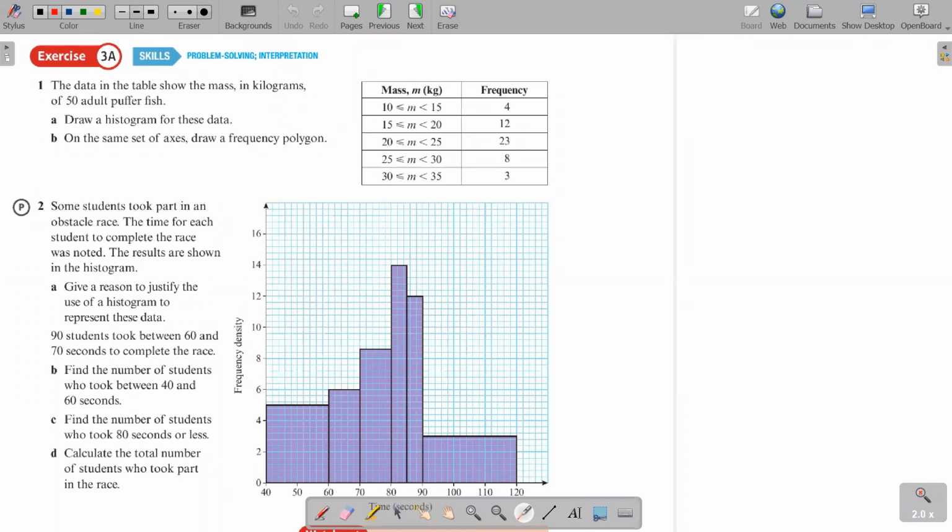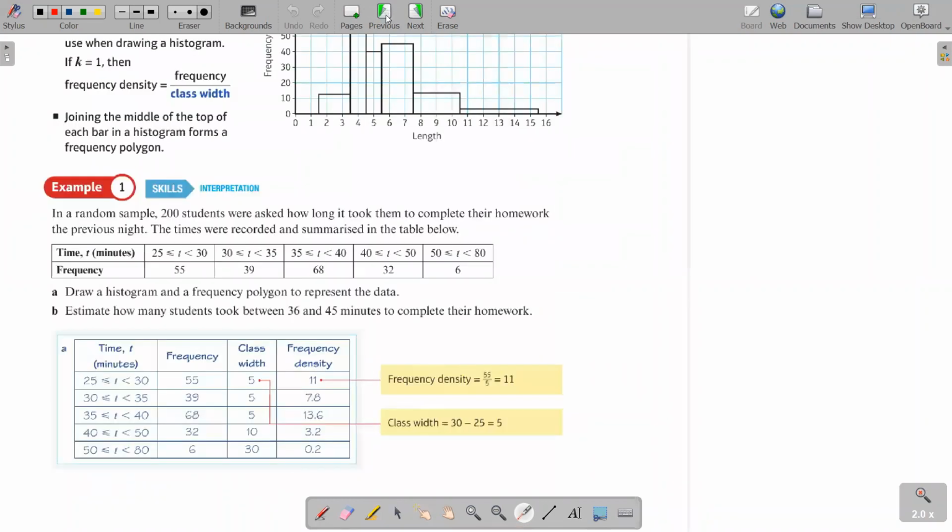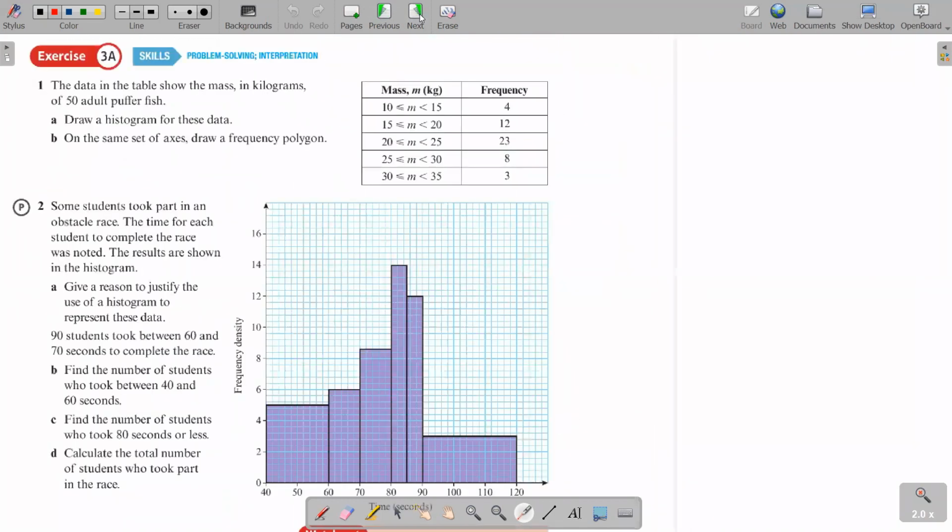The x-axis is going to be this mass. So you need to extend this table into one more column where you will get the frequency density. Okay, so frequency density is frequency divided by the class width.